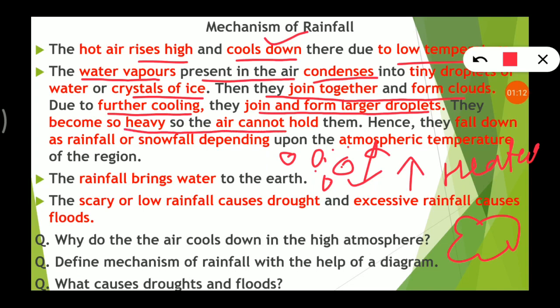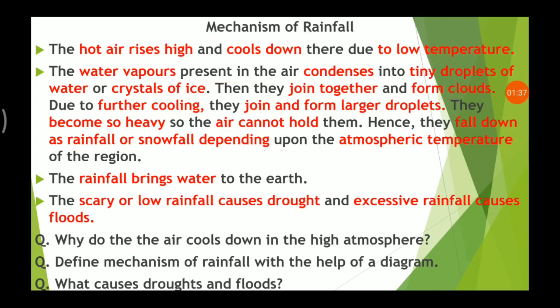When they join together, they become heavy, and air cannot hold them now, so they fall down as rainfall or snowfall. It depends upon the atmospheric temperature of the region. If the temperature is very low, then there will be snowfall. If it is normal, then there will be rainfall. I hope up to here everything is clear to you.